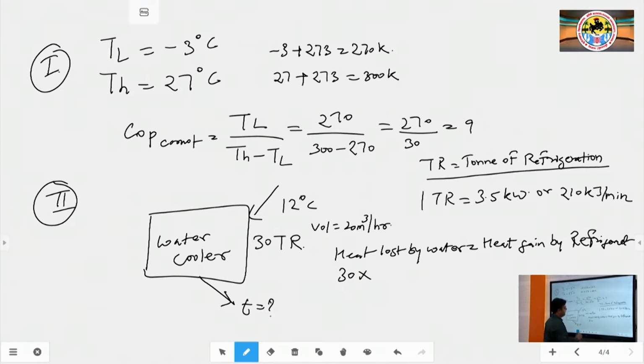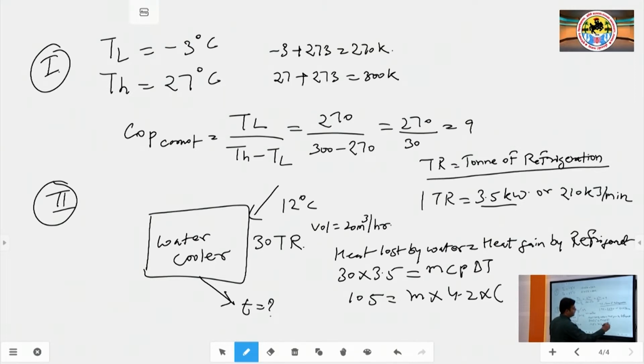We have to change it into kilowatt, so we multiply by 3.5 kilowatt, which is equivalent to heat gained by the refrigerant, that is m Cp delta T. So 105 equals mass times the specific heat of water, 4.2, times delta T, which is 12 minus T.